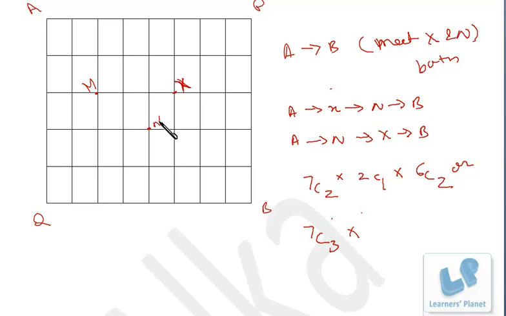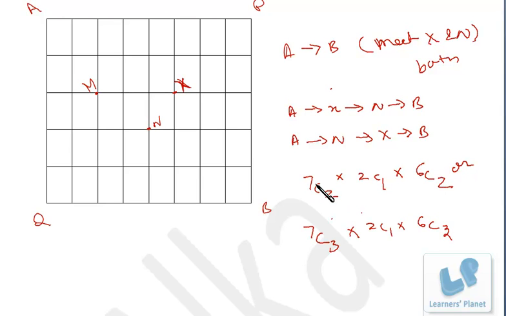Or N to X, that's further 2C1, and X to B. So that's 1, 2, 3, 4, 5, 6. 3 horizontal, 3 vertical. Okay. So you can take AXNB or ANXB. That means both of them will be added because both of them are mutually exclusive events. Okay, either this or this, right?